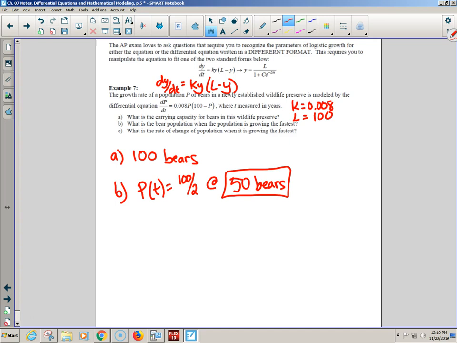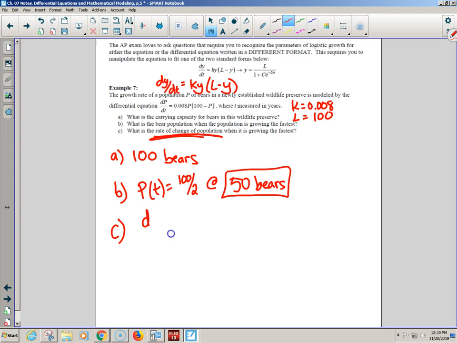Letter C, what is the rate of change of population when it's growing the fastest? What is the rate of change of population? Wait, you guys, come on, you're smarter than you're acting. Rate of change of population. Derivative, P prime, dPdt, it's right there.